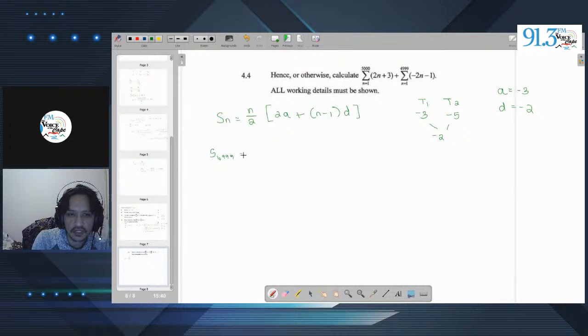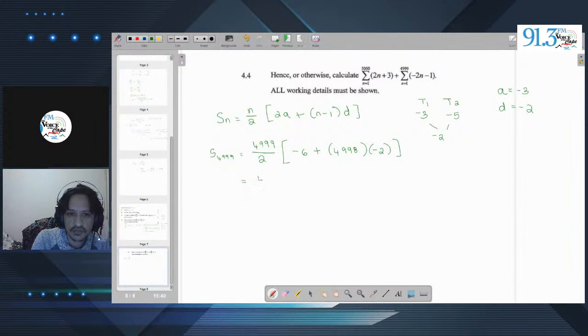S4,999 is equal to 4,999 over 2, bracket 2 times a, which is just -6, plus our nth term, which is 4,999, so that gives us 4,998 instead, times the difference, -2, close the brackets.